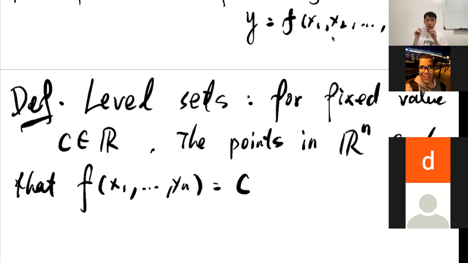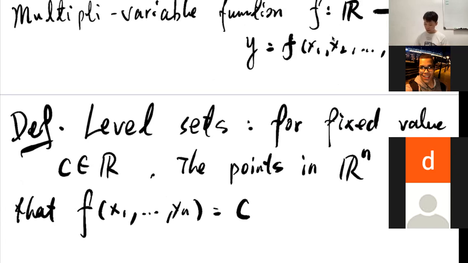In other words, we only look at the points such that the function gives you the value C. They all have the same output C.